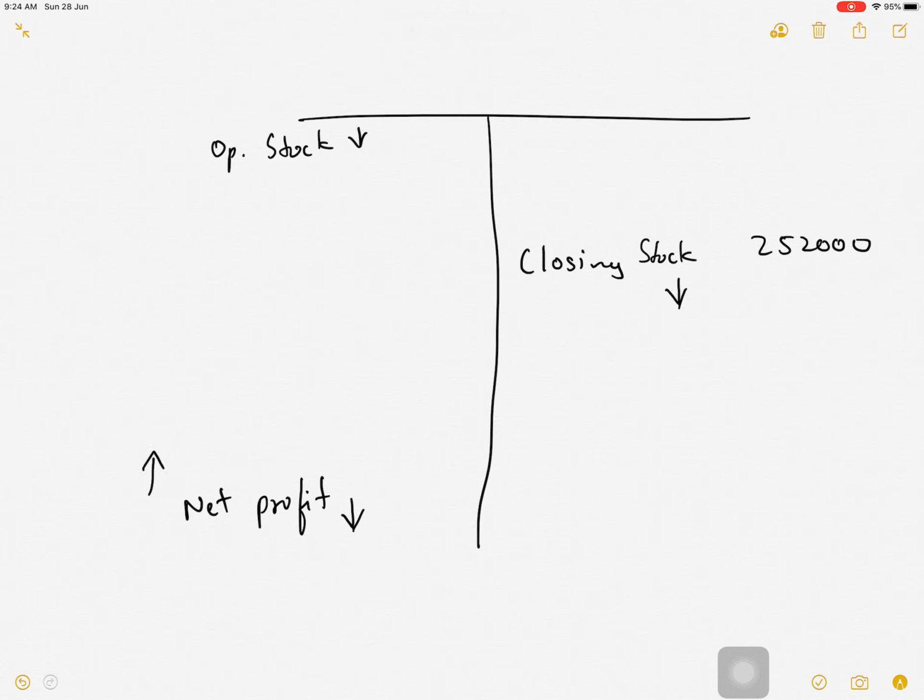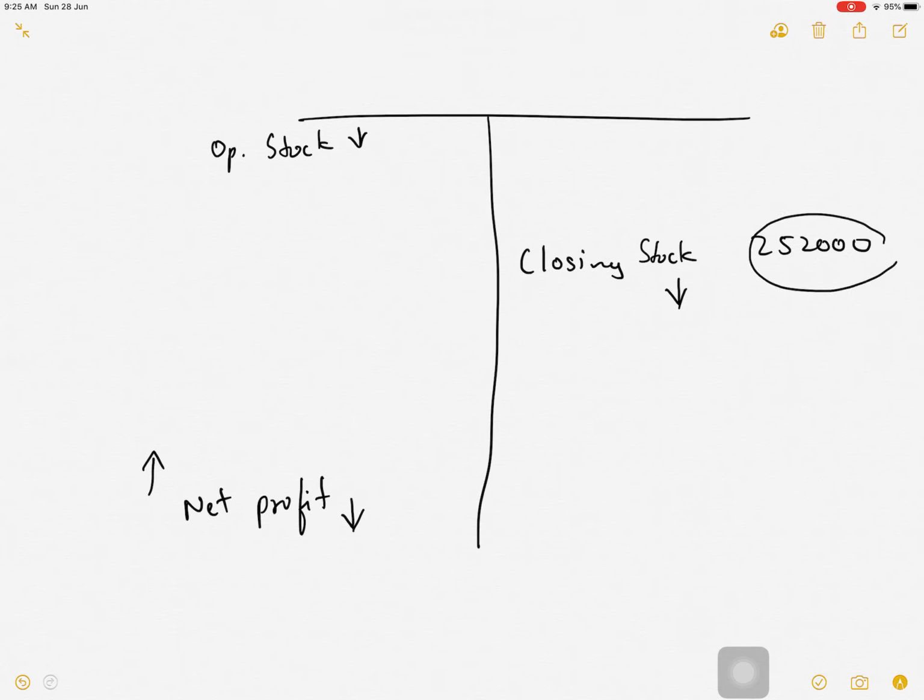If my opening stock is undervalued, my net profit is overstated. Right? Closing stock is in the credit side. So when closing stock is undervalued, my net profit is also understated. Fine.